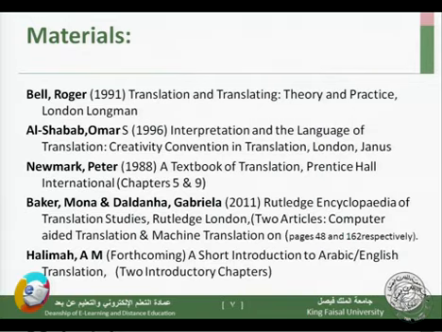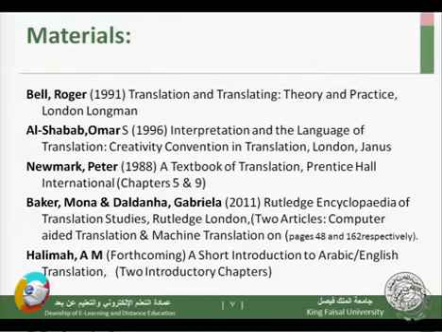But what we have tried to do is to select from the main books on theory and translation to give you a general idea about the theory and the practice of translation. Now, the main book is Roger Bell, 1991, called Translation and Translating: Theory and Practice.